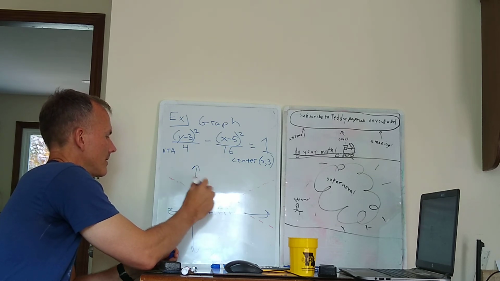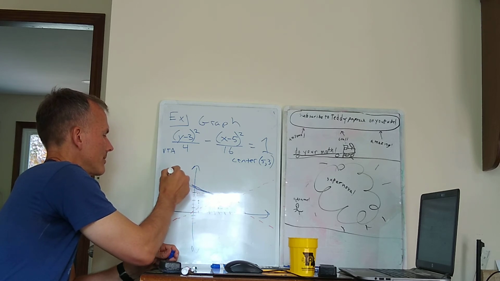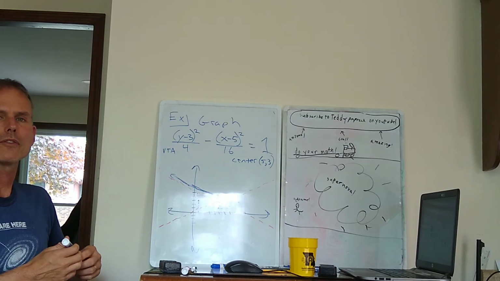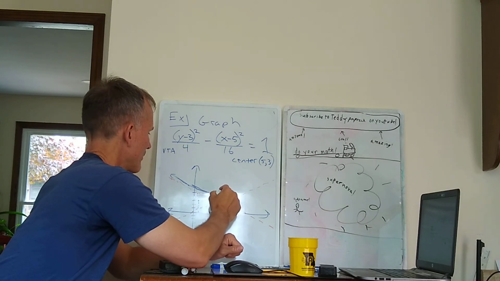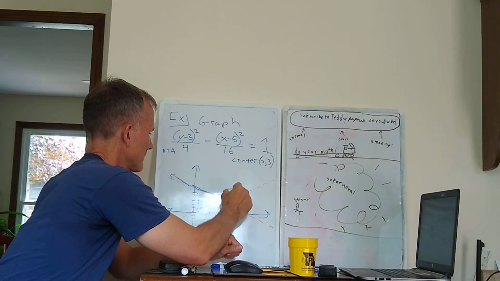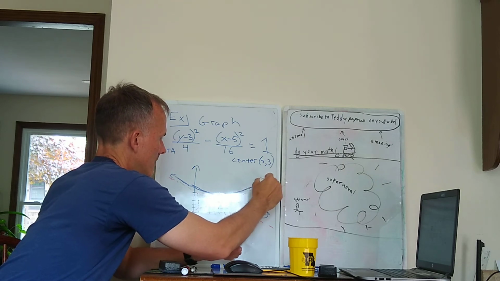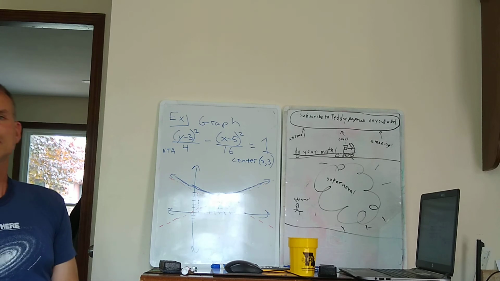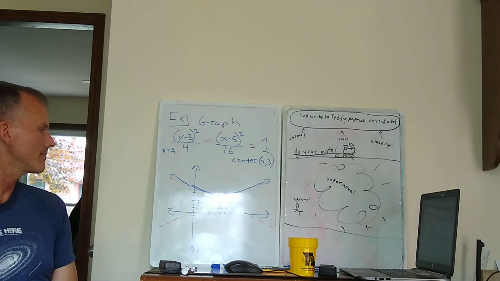And those diagonals that I drew serve as asymptotes for each branch of the hyperbola. So as I come out from the vertex, the hyperbola is going to approach the asymptote forever. But of course we know it's never going to actually touch or cross that asymptote.